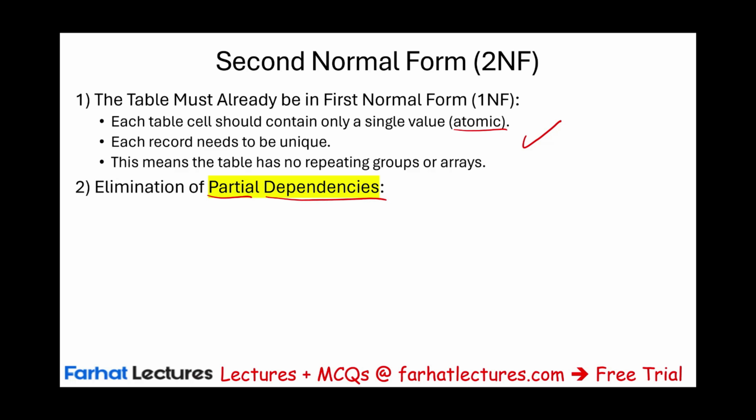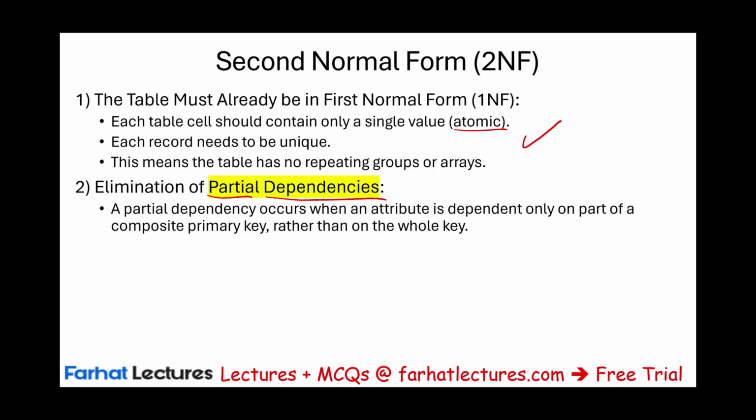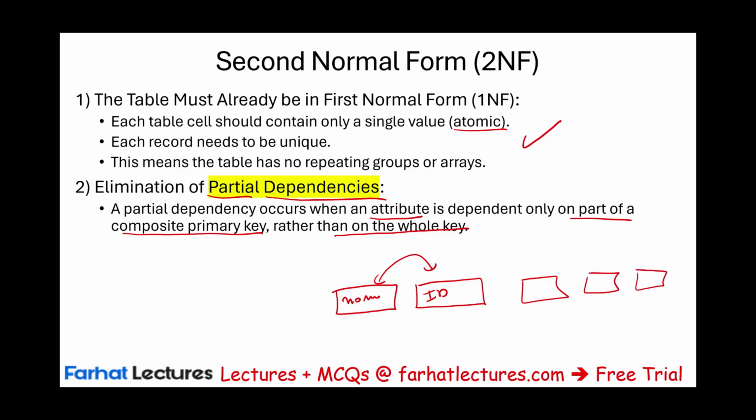Now we need to understand what a partial dependency is. A partial dependency occurs when an attribute is dependent only on part of the composite primary key rather than the whole key. So what does that mean? It's best to illustrate this in an example, but simply put, when you have a composite key, you have two columns, for example, the name and ID of the employee, and those are the composite primary key, and you might have other attributes.